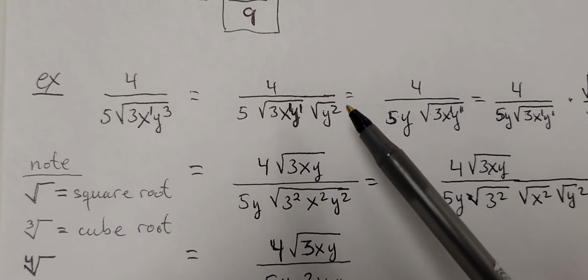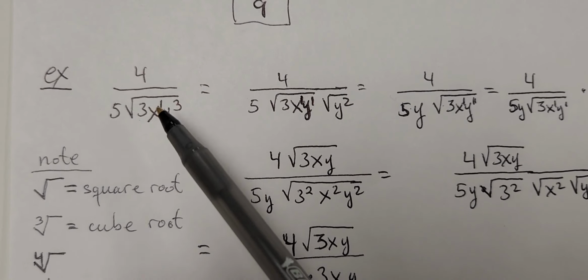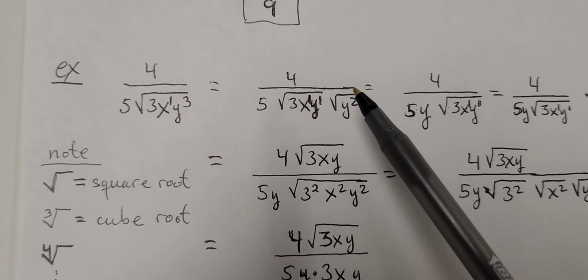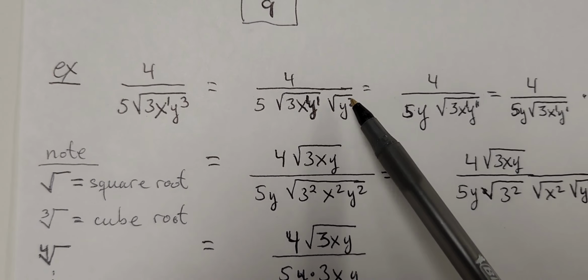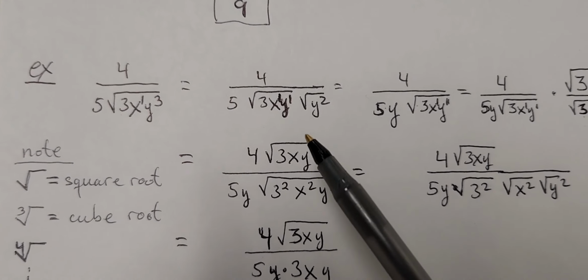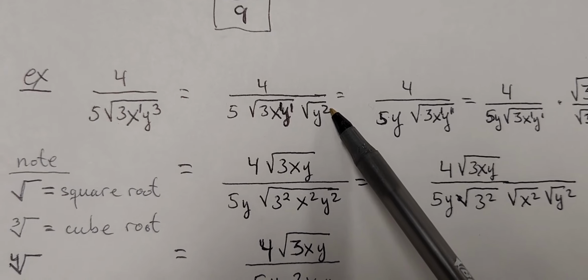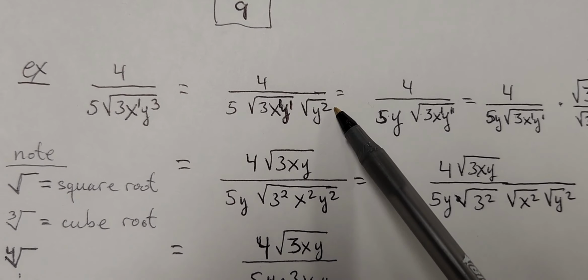Okay, so that's where the group of 2, y squared, came from, because this y to the third can be separated into y to the first and another one with y squared, because it's a group of 2. Also, because this is a square root and this is a square, they are the same thing, so they get canceled out.